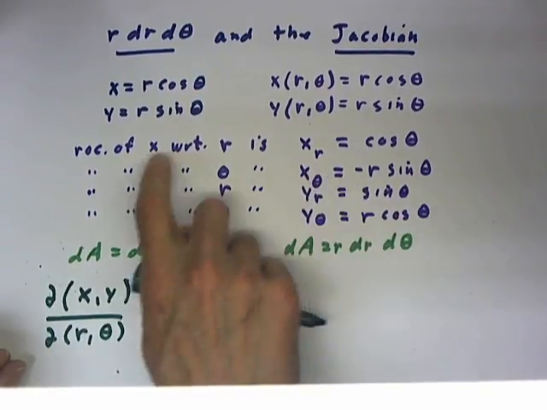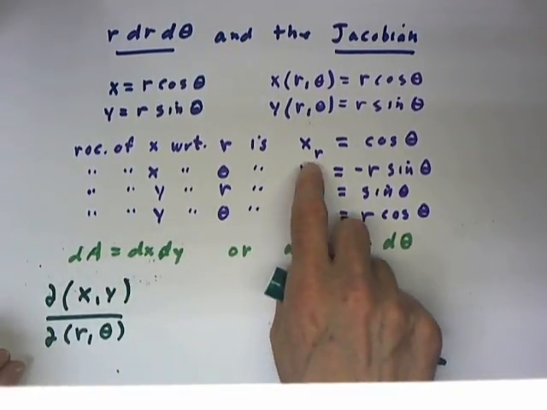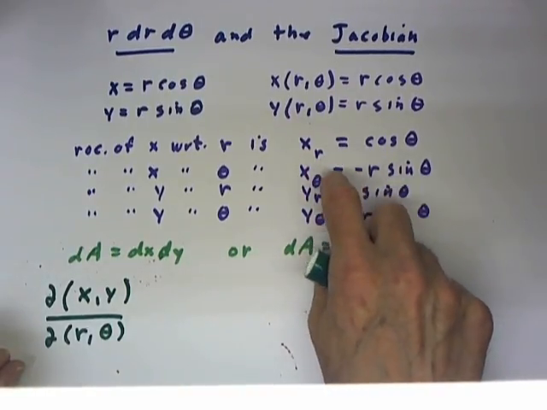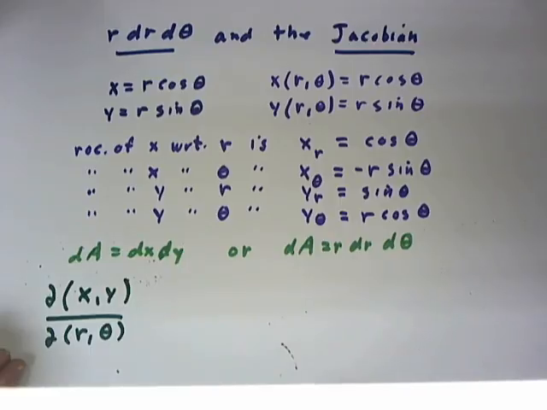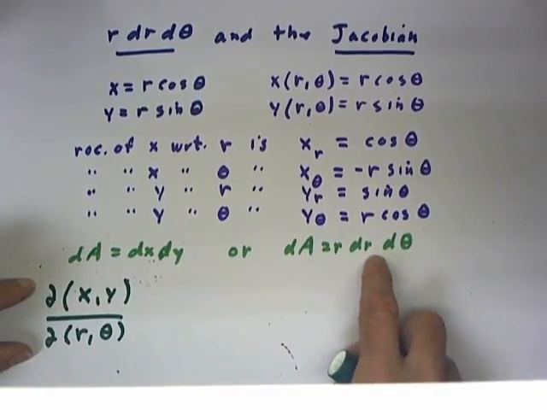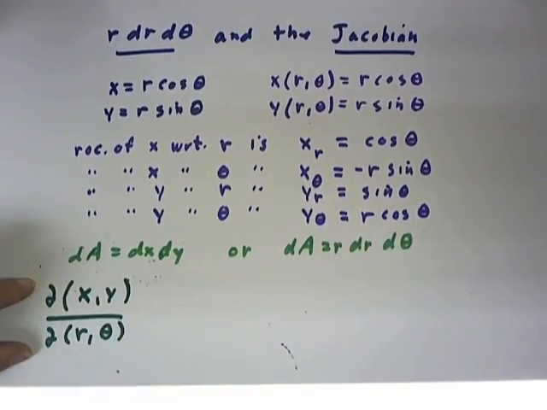Now, in terms of what we just talked about, we have expressions for the rate at which x and y change with respect to r and theta. So this isn't particularly difficult to understand in that sense. We're taking the partial derivatives of x and y with respect to r and theta in a certain way that's going to allow us to relate these area increments.